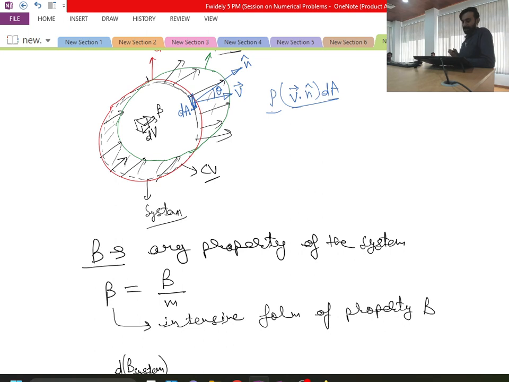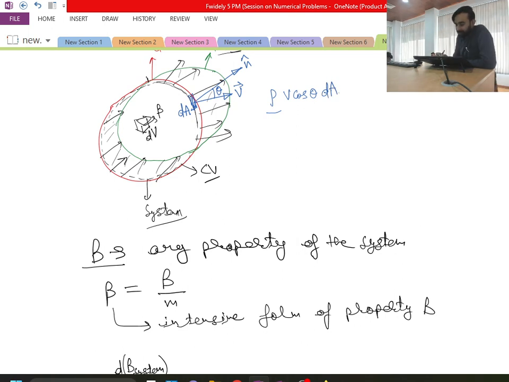Let me not use the vector notation first. I can write V dot n cap as V cos theta, because between the V vector and n cap I have the angle theta, so V cos theta is the component of velocity in the direction of the outward normal. So the mass flow rate is rho V cos theta dA.